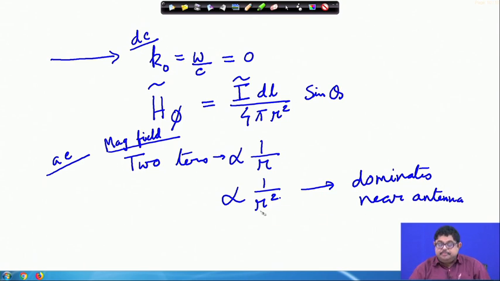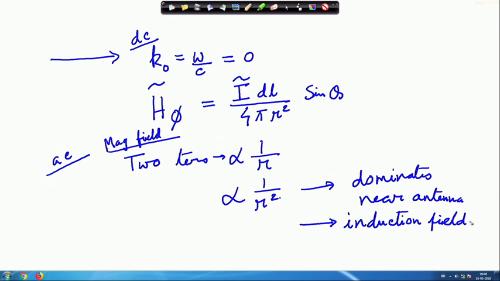Now, this component is also called the induction field. Why, I won't be able to explain now; later I will explain why this is called the induction field. And this 1 by r term, if I go further away from the antenna, at a sufficiently large distance, will start dominating over the 1 by r square term.